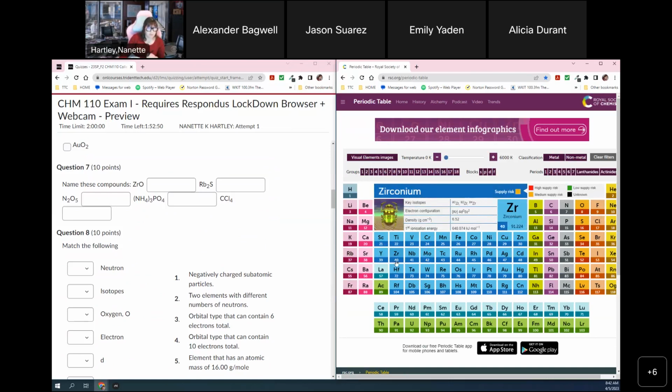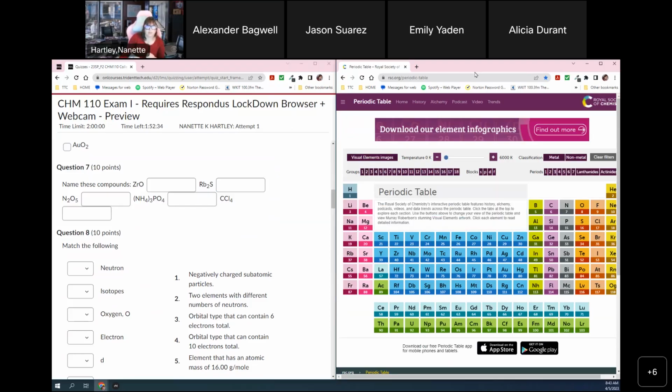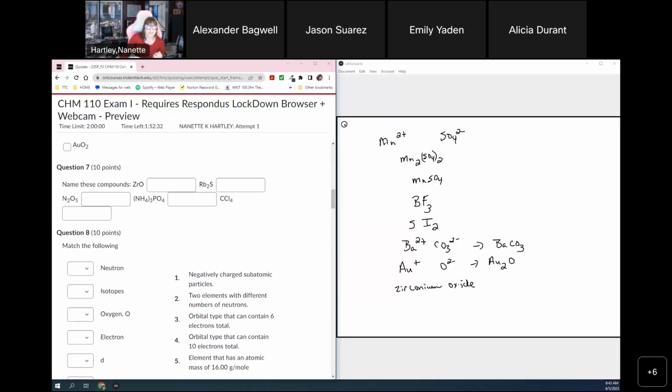It's right here, zirconium. And then it's the oxygen is the last part, but instead of being oxygen, we change it to oxide. That's how we handle oxygen when it's the second part. So normally we take the name, change the end of it to "ide." For oxygen, that becomes oxide. So zirconium oxide. We have no prefixes that indicate how many of them there are, because their charge determines how many there are. For ionic compounds, that's what we do.